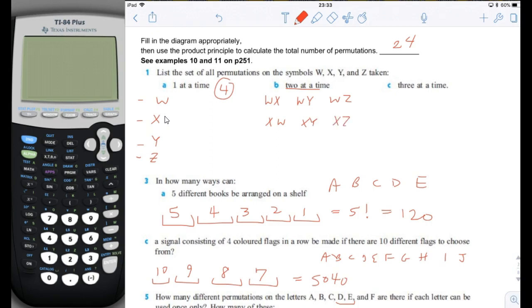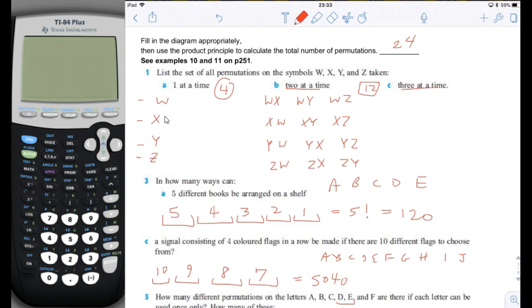So there are 3 of those. There's the YW possibility, the YX possibility, and the YZ possibility. And finally, the ZW possibility, the ZX possibility, and the ZY possibility.